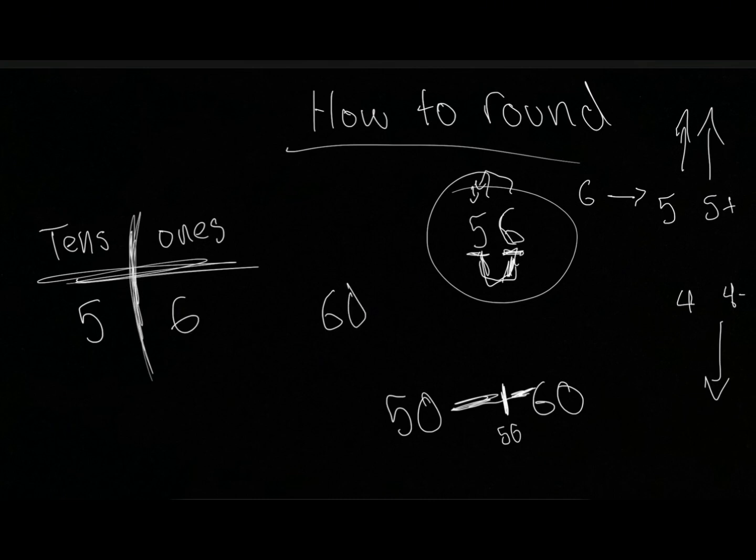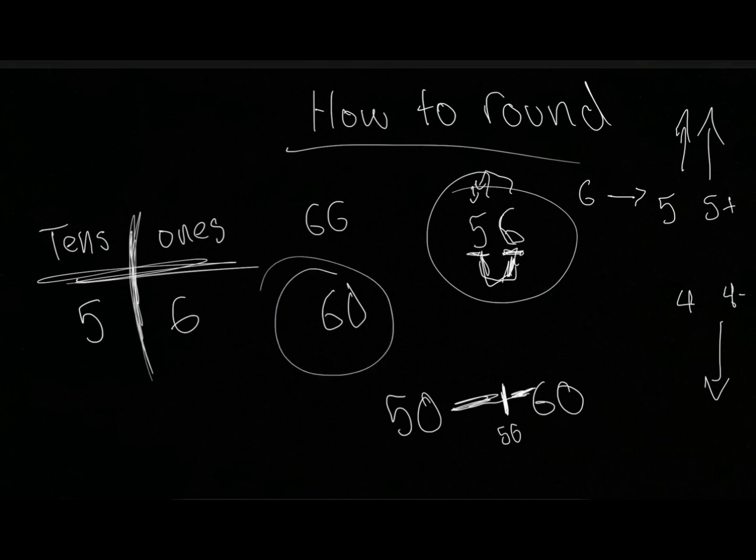It turns into 0 because it doesn't make sense to write 66. That doesn't make any sense because 56 can't be rounded to 66. It's in between 50 and 60, so it's either one of those, and 60 is the right answer.